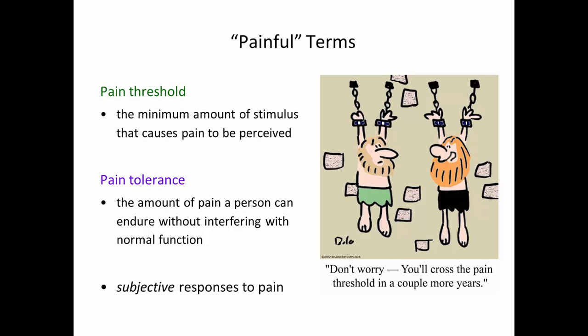For example, we know that a person's threshold can be lowered by anger, anxiety, depression, discomfort, fear, isolation, persistent pain, no sleep, fatigue, those types of things. So if we can eliminate those factors, then we can increase their pain threshold, and they will be experiencing less pain even without any analgesic drugs.